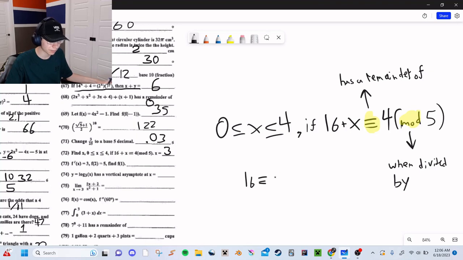I could say 16 mod 5 is already 1. So 16 plus x, for this to be 4 mod 5, x has to be, oh, I wrote this a little wrong. My bad.